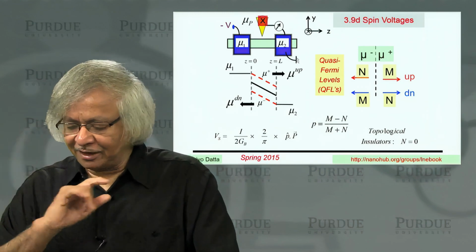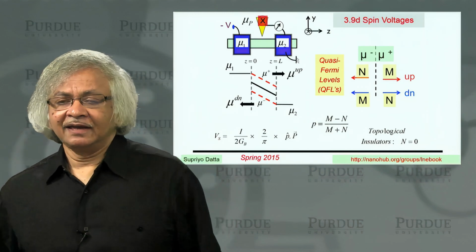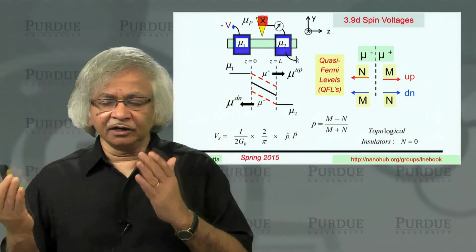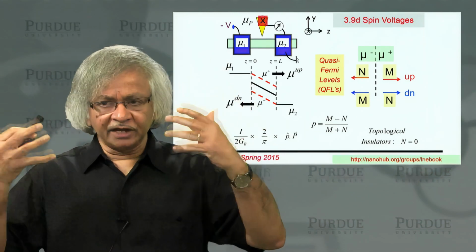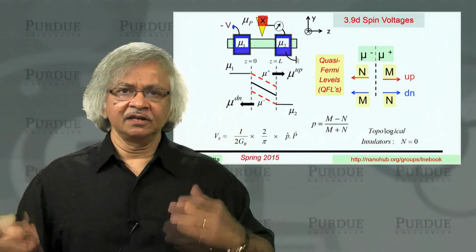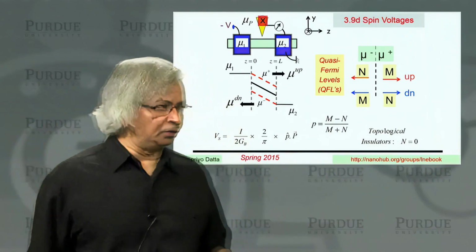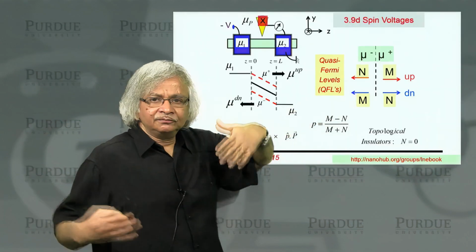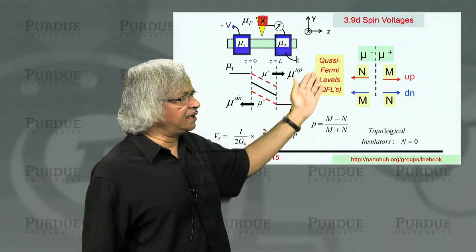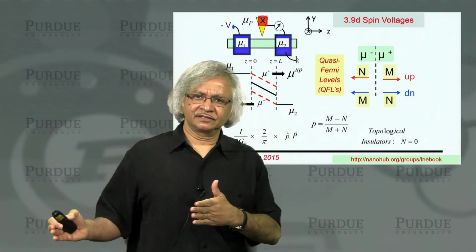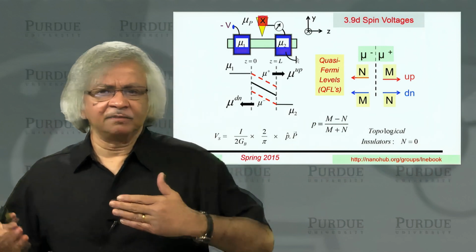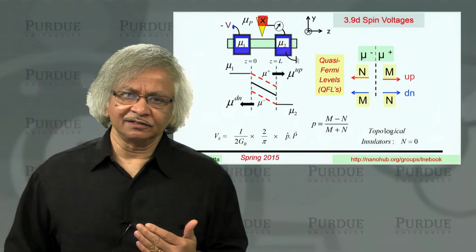But right now, the main point I wanted to drive home is, as the field of nanoelectronic devices develops, and you look at newer and newer devices with all kinds of contacts and materials with which you're able to control different types of states, you'll get into situations where there'll be multiple quasi-Fermi levels. Just as in biological systems, you have different potentials for, say, potassium ions and sodium ions.